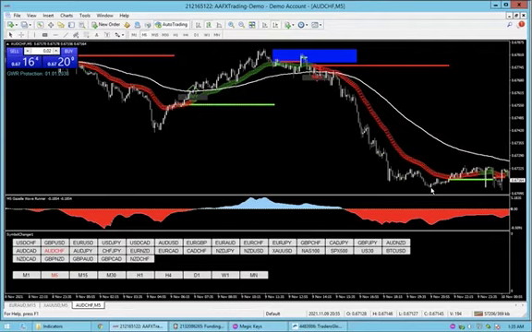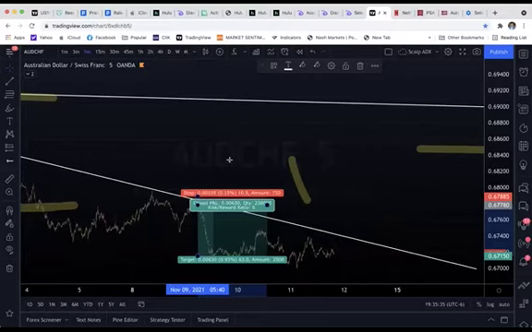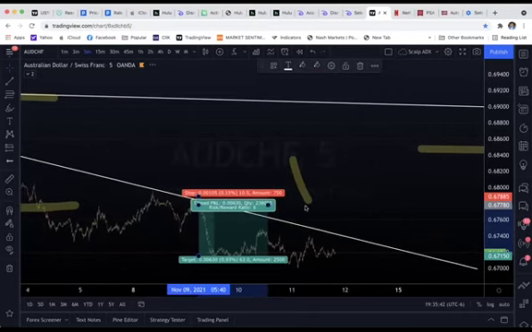So what I want us to start doing is going into TradingView, right? We want to start going into TradingView and doing our analysis here.